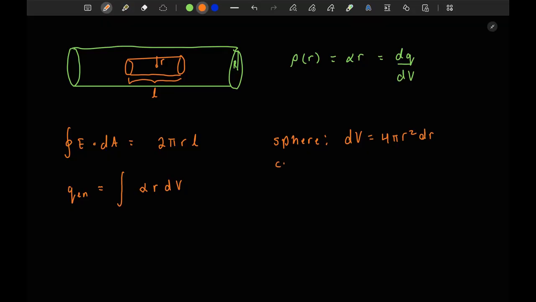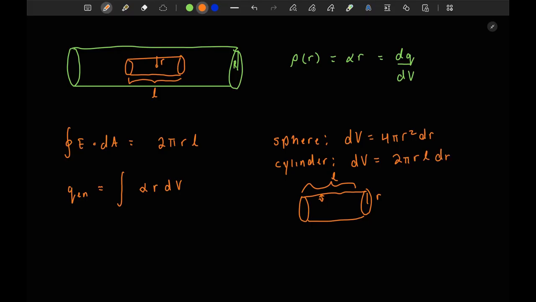For the cylinder, instead, we can break down the cylinder into thin cylindrical shells. Consider a thin cylinder with length l, radius r, and thickness dr, right? So we're doing a cylindrical shell. Well, its dv, its infinitesimal volume, will be the surface of the cylinder, so 2 pi r l times thickness dr. So that's what we get for our dv.